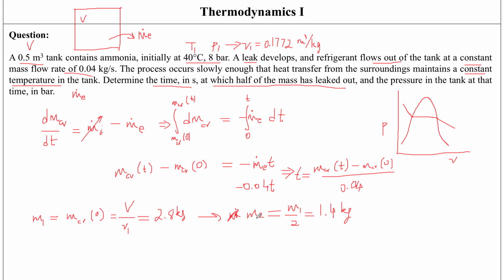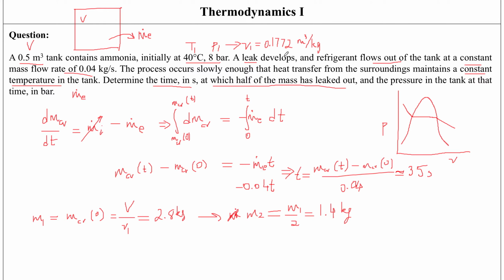Okay, so now that you've determined these two, you can plug them into this equation over here, and you'll be able to find out the time that it takes for the mass to leak out. And that's going to be around 35 seconds.